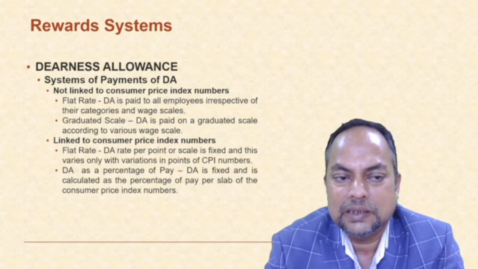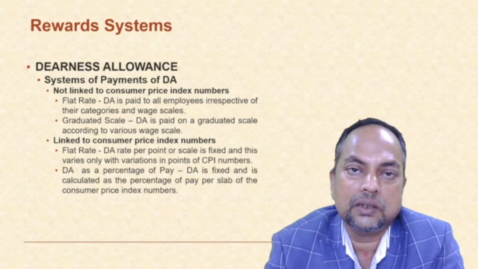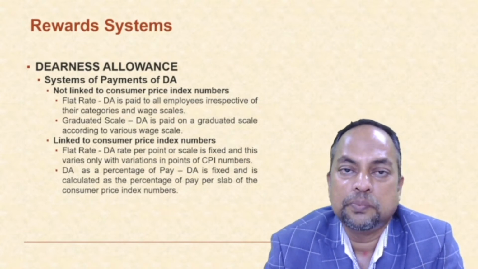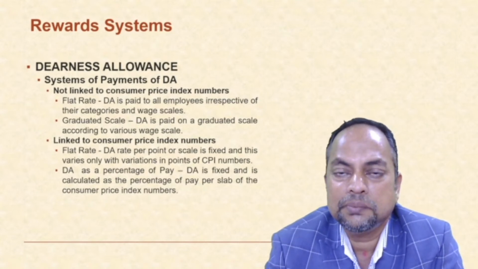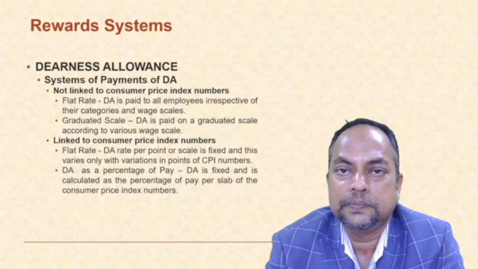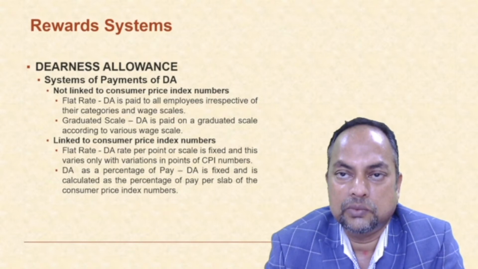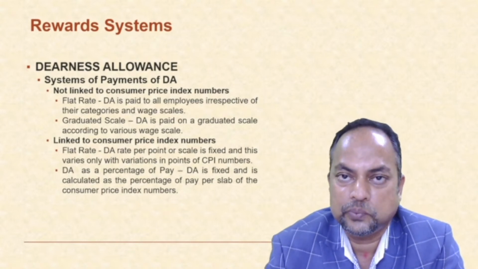When we talk of the graduated scale, the graduated scale says the dearness allowance is paid according to the different wage scales. So dearness allowance may be administered as a percentage of the compensation or the remuneration associated with a particular wage scale.